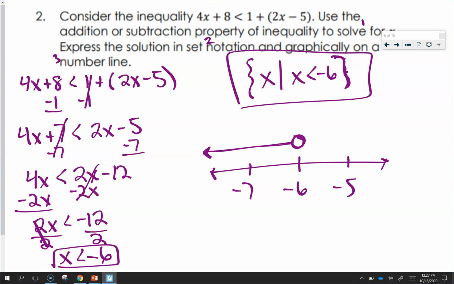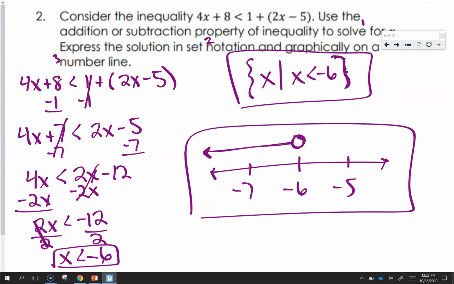Okay? And then here's my step 3. Woohoo! We done. Yeah, it was 3 steps. Solve, write it in set notation, and then graph it on a number line. Yes. I remember you saying it, and I forgot.